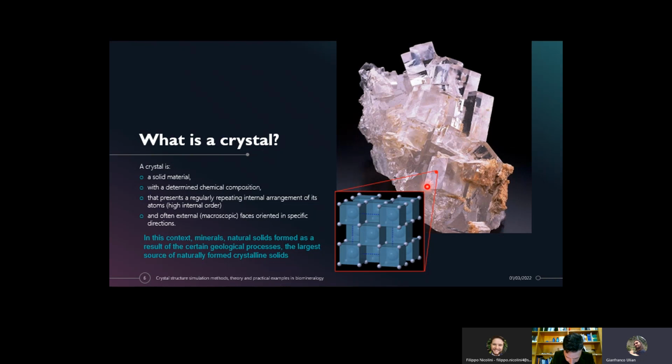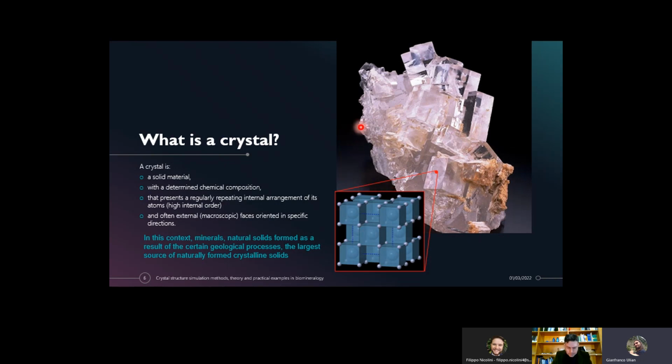Here I report in this picture some crystals of fluorite. It is calcium fluoride. This is a mineral that presents, as you can see, very nicely developed cubic faces. And here you can see the atomic arrangement of the atoms inside the structure.